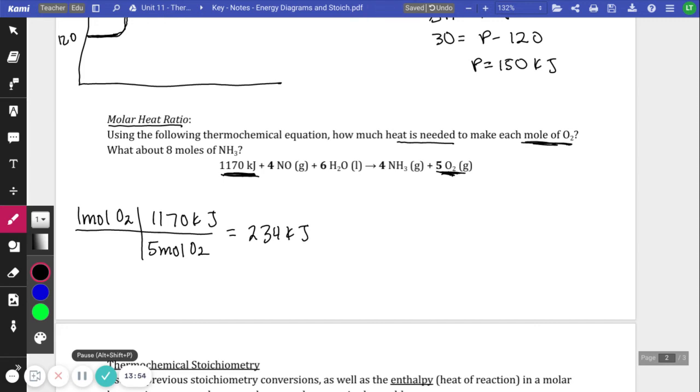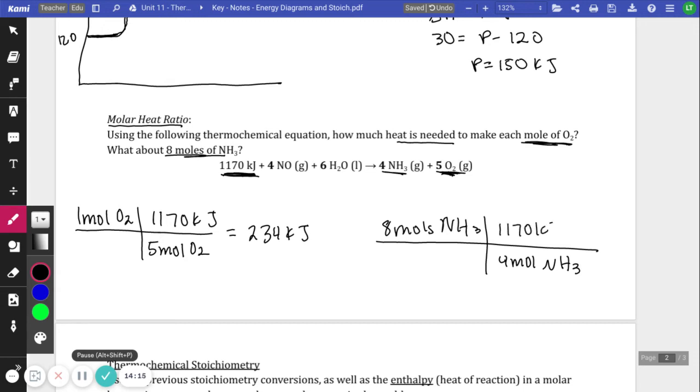Okay, so then my next question says, well, what about 8 moles of NH3? Kind of can do the same thing here. So for every 8 moles of NH3, I can see from my balanced chemical equation that for every 4 moles of NH3, it requires 1,170 kilojoules of energy to make it.